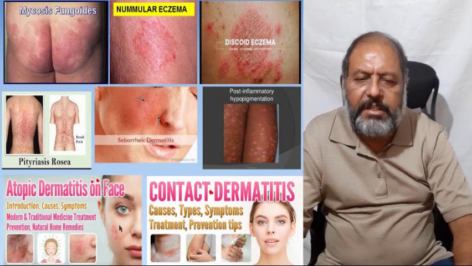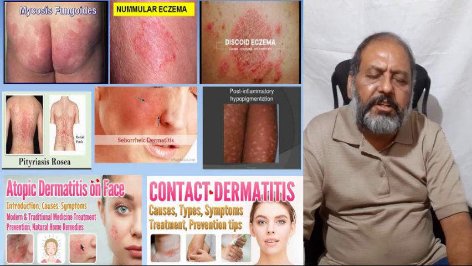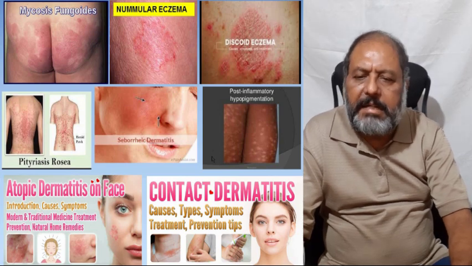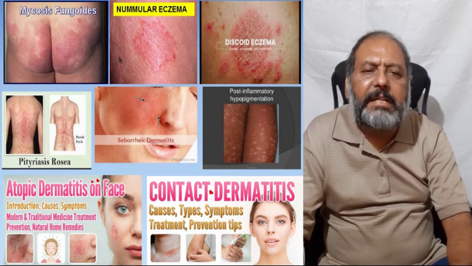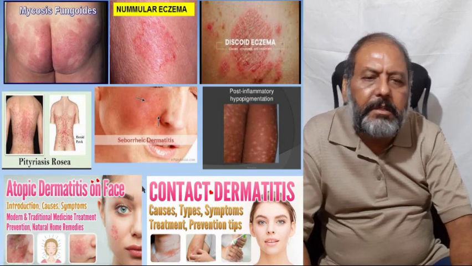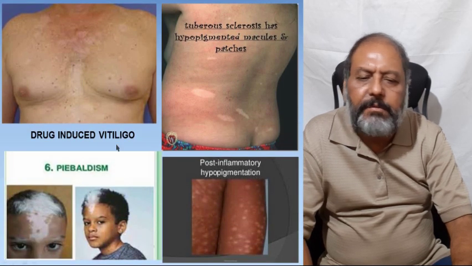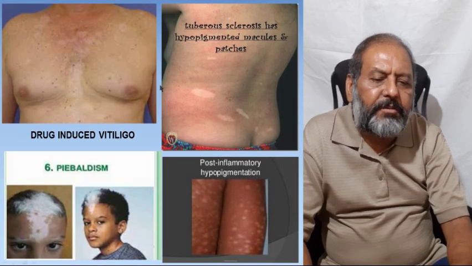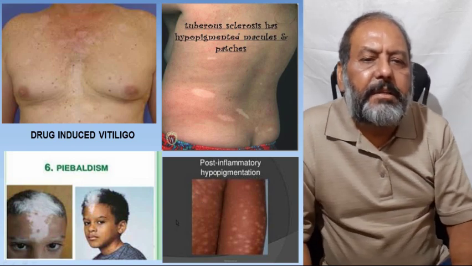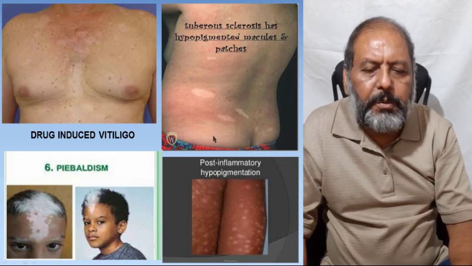So one can see the different features of the different diseases and differentiate Pityriasis alba from all these lesions, which have a different picture from Pityriasis alba. Drug-induced vitiligo, and here there is piebaldism with the white forelock, post-inflammatory hypopigmentation, and then tuberous sclerosis with ash leaf macule spots.